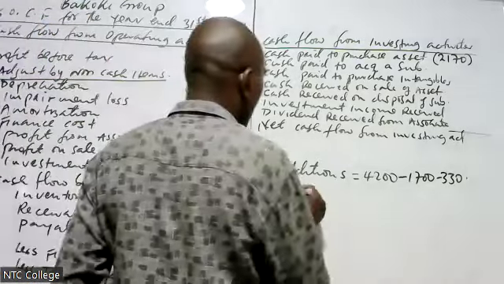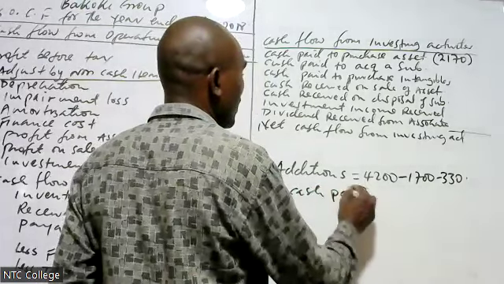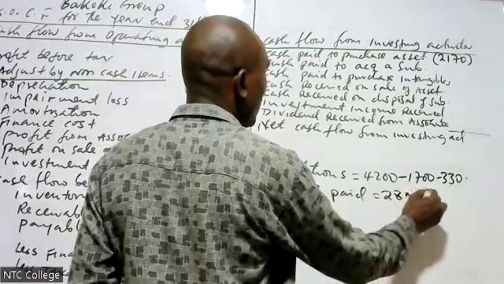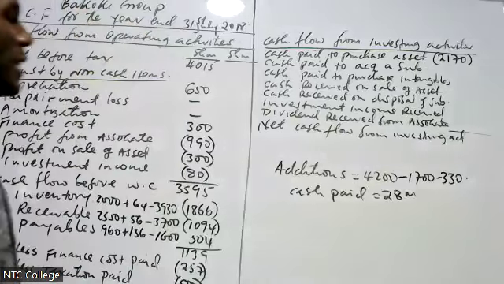Therefore, cash paid equals 28 million. That is what we paid.